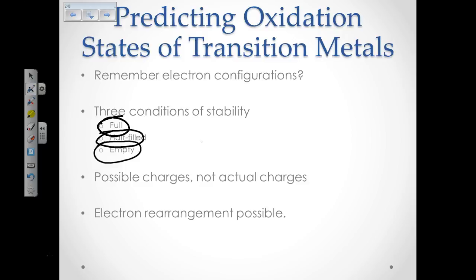Again, looking at that titanium example, we have argon and then 4s2, 3d2.